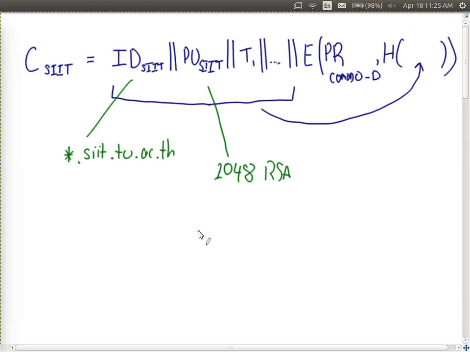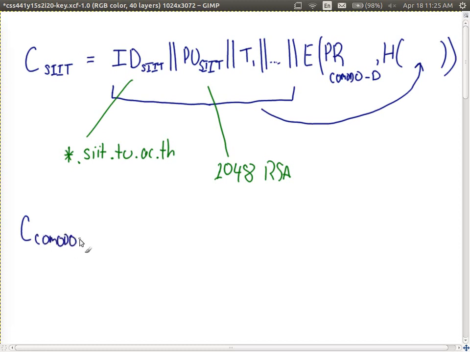So let's write down that second certificate. Not in full, but we'll see that there's also a certificate of Komodo Domain Validation, Komodo D, which contain the ID and so on. I'll not write them all down.